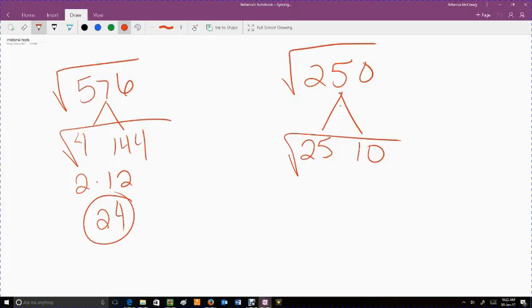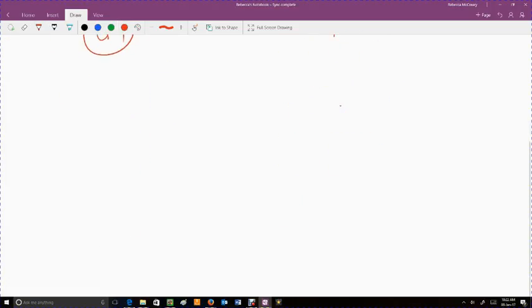So we look at this. We broke 250 up into 25 times 10. 25 has a square root, so we take that out. 5 times the square root of 10. And that is our answer. Okay? We just leave it like that. We're good. All right, so let's do a few more.